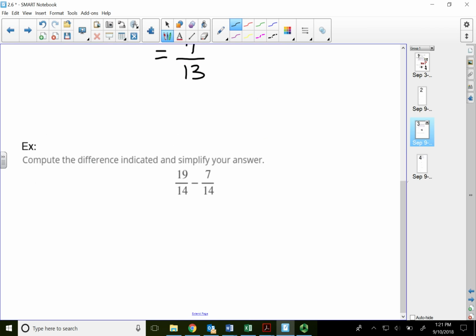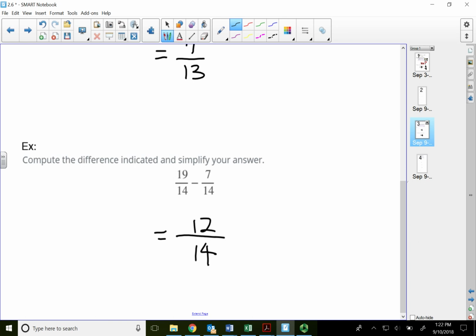All right. 19 minus 7, the LCD is already 14, so keep it as 14. Never subtract the denominator, never add the denominator once you find out what the common denominator is. All you do is simplify the numerator part. I believe 19 minus 7 gives me 12.